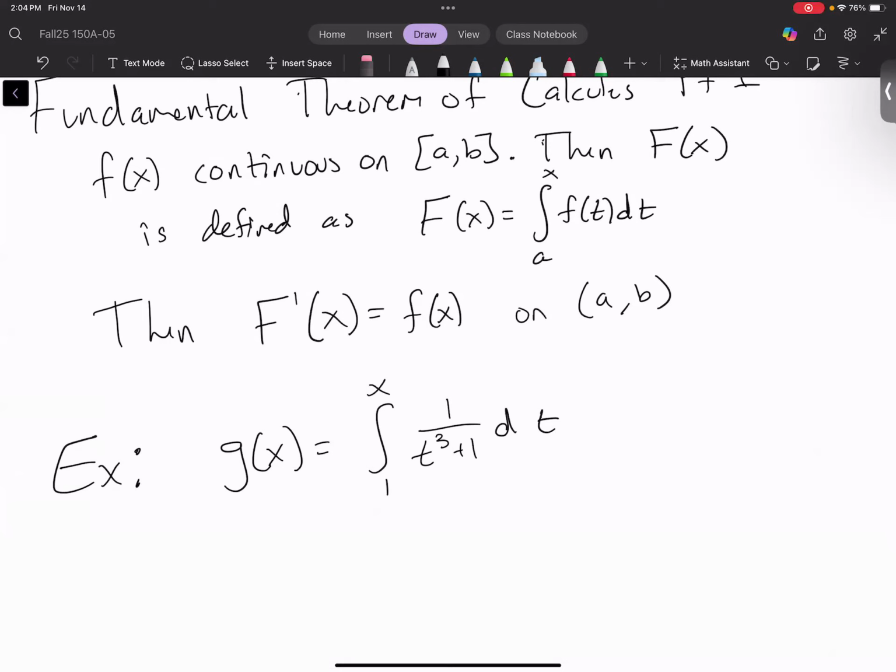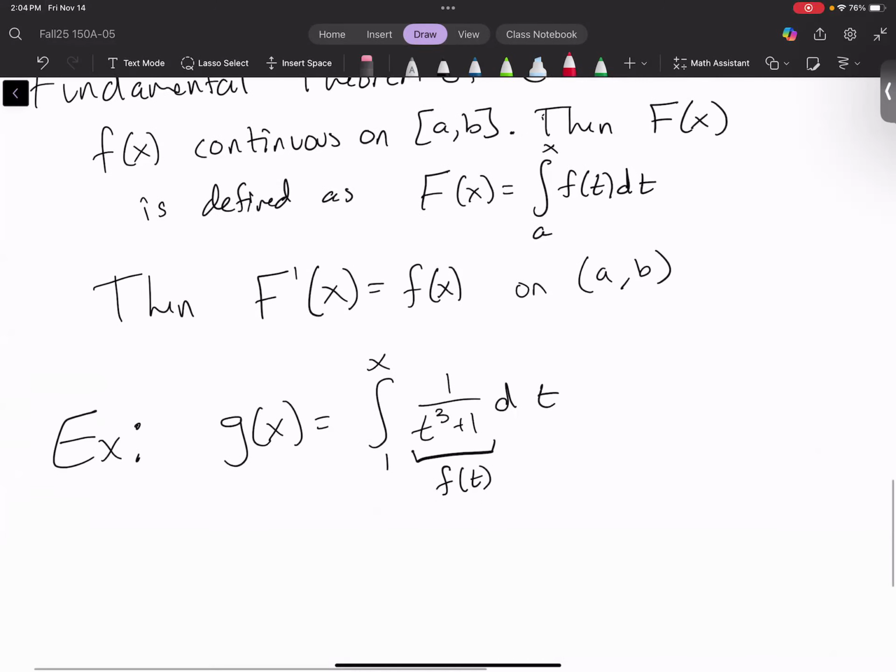I want to find the derivative of g. So notice what's happening here. First of all, this is my inner function f of t. In order to use the fundamental theorem of calculus part one, I need this to be a continuous function. Now this is discontinuous at -1. You can set the denominator equal to 0 and solve. You get -1 as a discontinuity, but that's not in our interval.